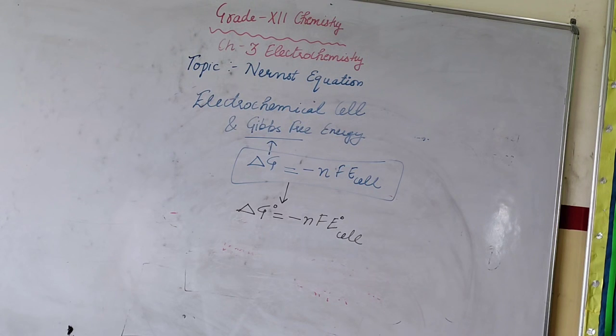After that we discussed how to calculate the equilibrium constant from the Nernst equation, and then the last topic is electrochemical cell and Gibbs free energy. Okay my dear students, see you in the next class.